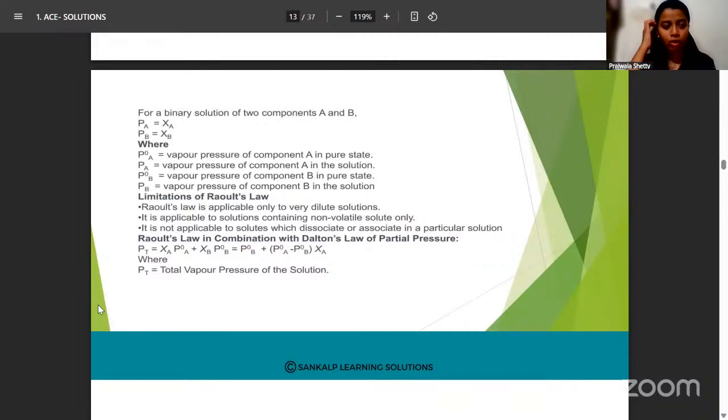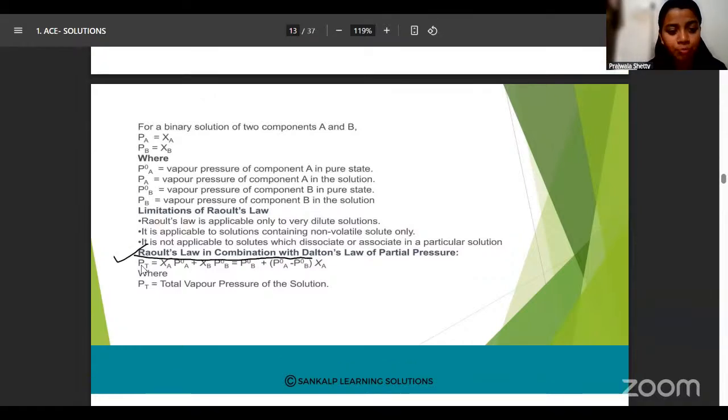So according to Dalton's law of partial pressure, the total pressure over the solution phase in the container will be the sum of the partial pressures of the components of a solution.